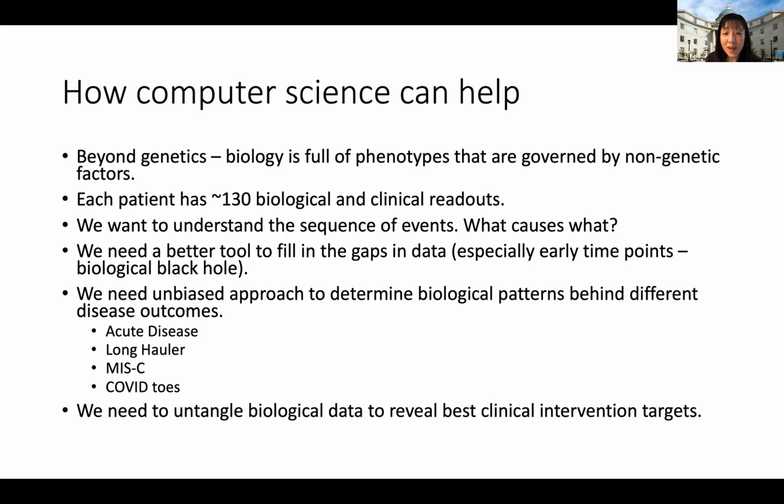There are many, many ways that biologists and computer scientists can work together to reveal different aspects of what we're doing. But I think beyond genetics, hopefully our collaboration illustrated the fact that biology is really full of phenotypes that are not governed necessarily by genetic factors.